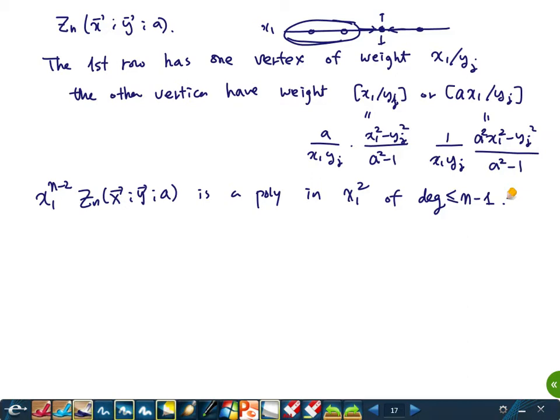Any question? If equal is true, less than or equal to is even more true.